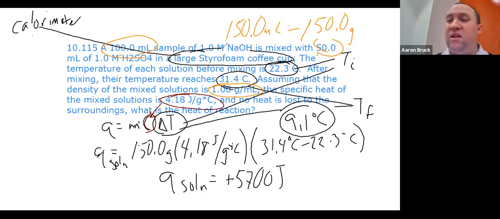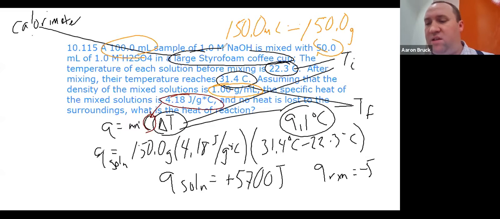And remember that the heat of the solution, the change that we see in the water, is the opposite of what we saw in the reaction. The water got hot because the reaction released heat. So for the heat of the reaction, it would be the exact opposite based on our law of conservation.